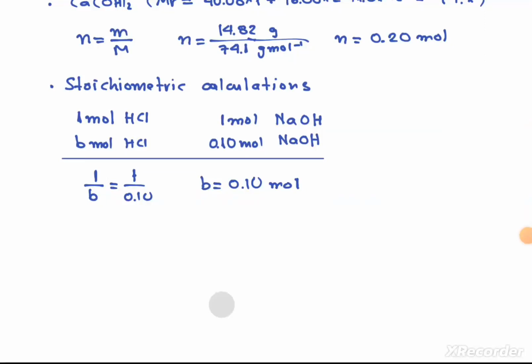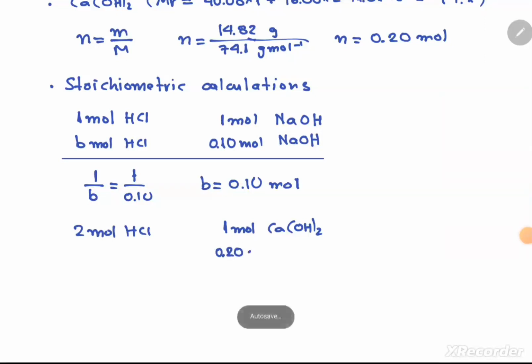In the second reaction, 2 mole hydrogen chloride reacts with 1 mole calcium hydroxide. When reacts 0.20 mole calcium hydroxide, we need some mole hydrogen chloride.